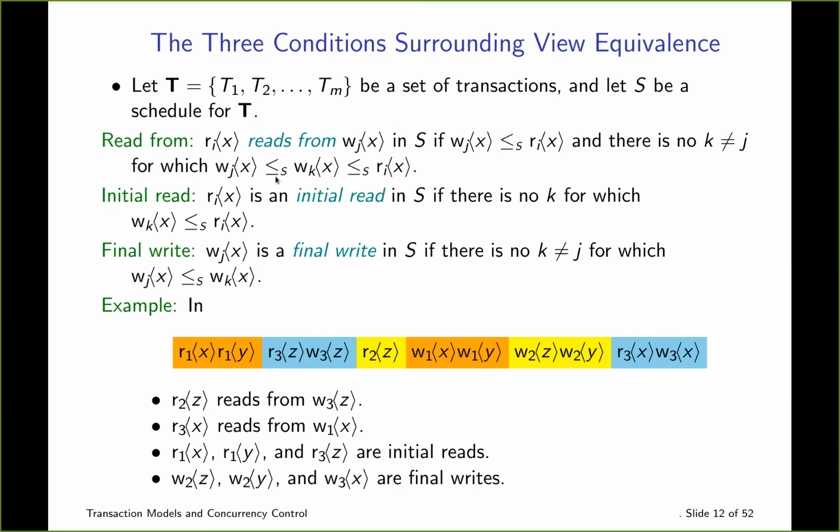Imagine we have 3 transactions going, and we just have one data object called X.